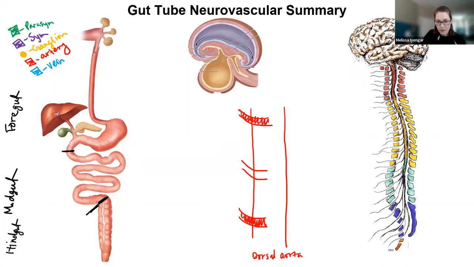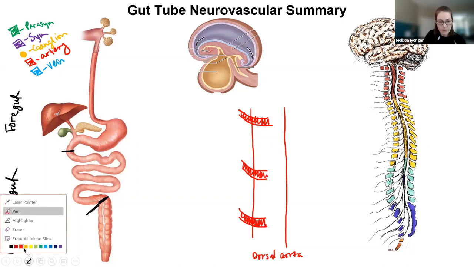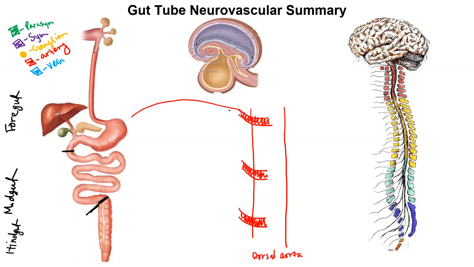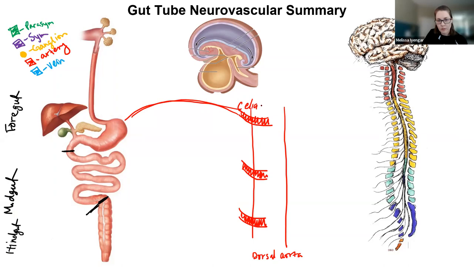So let's do our blood vessels first because those are easier. What is this blood vessel right here that should supply our foregut? Celiac. So this is our celiac trunk. You can call it the celiac artery also if you want to.